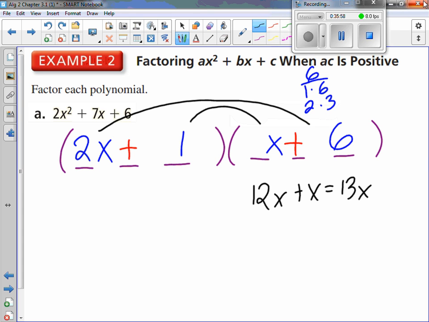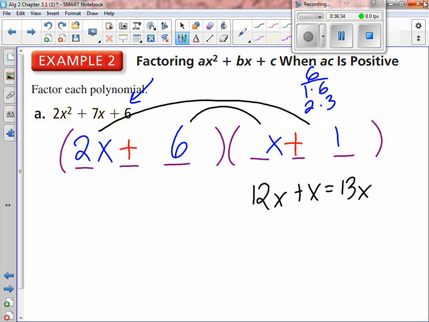Now, we can flip the 1 and 6. Don't write this down, because we're not even going to check this. Looking at this first one, 2x plus 6. Is there a common factor between 2x and 6? Yes. Did we say that there was a common factor on the original one? No, because if I have it this way here, I could have factored the 2 out. If there's not a greatest common factor in the original quadratic, there's not going to be one in either set of parentheses.